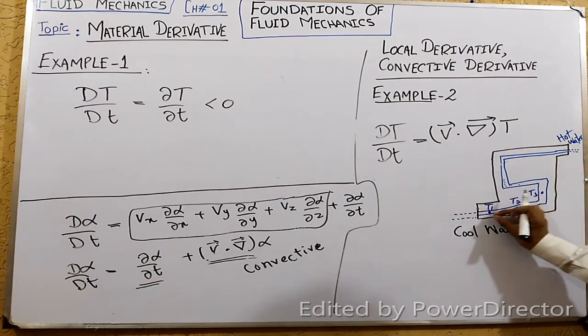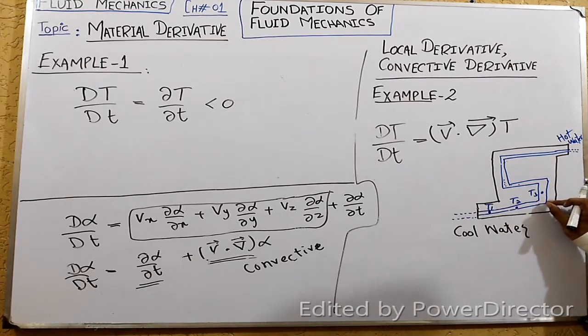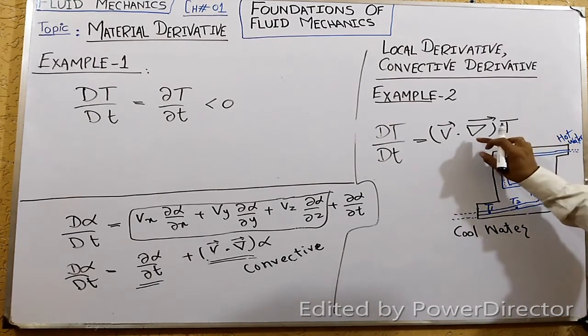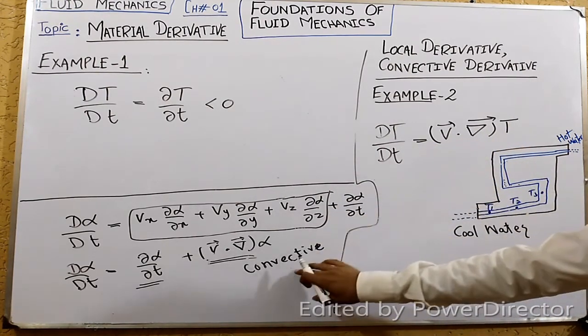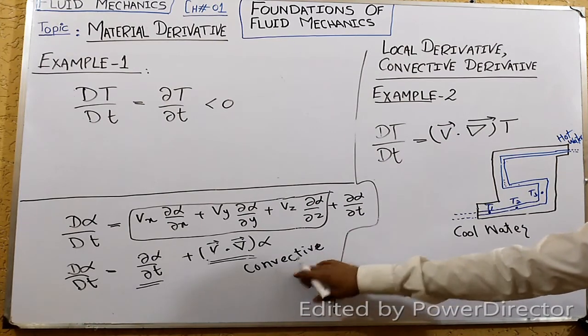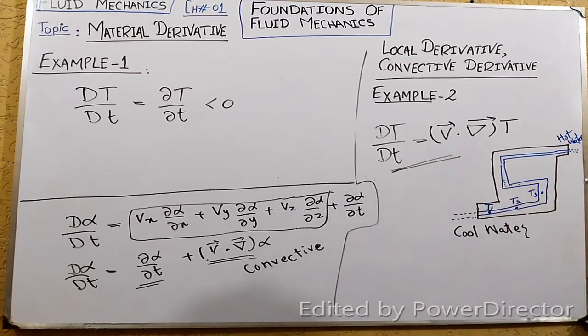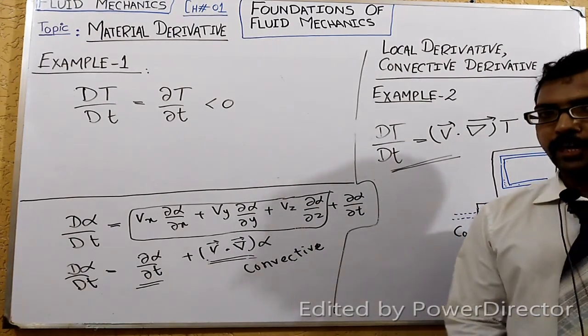And as we move through this heater, the temperature changes from point to point, and hence the gradient of the temperature is not zero, and hence the convective derivative of the temperature is not zero. So this is the required rate of change of temperature in this case. So this is all from today's lecture. I hope that you have learned something.